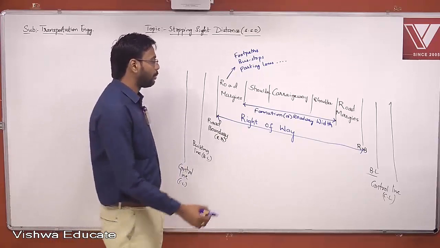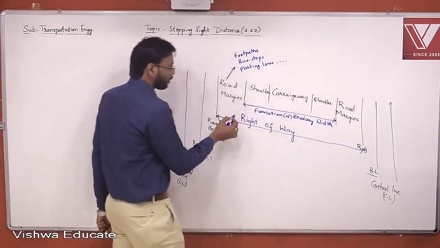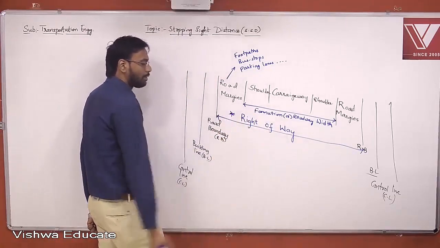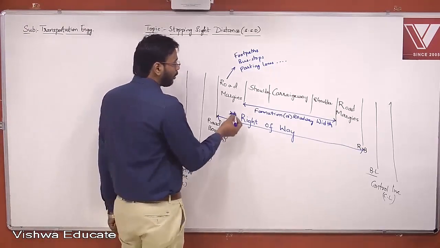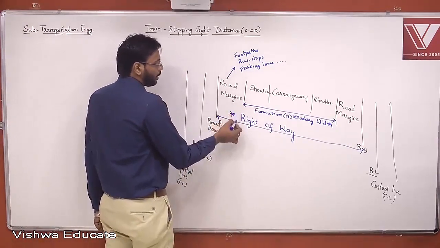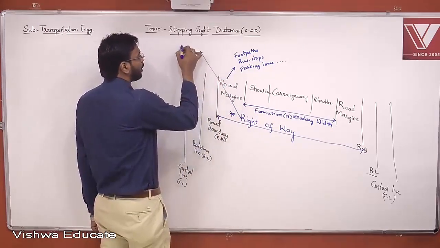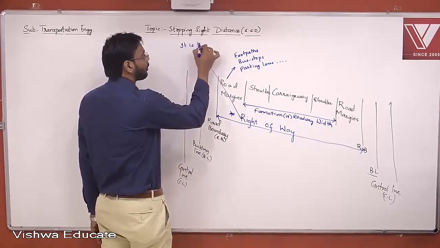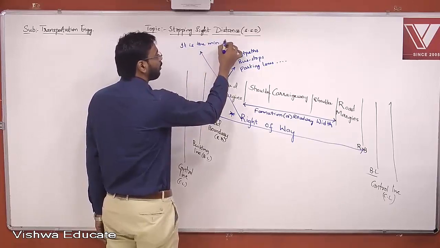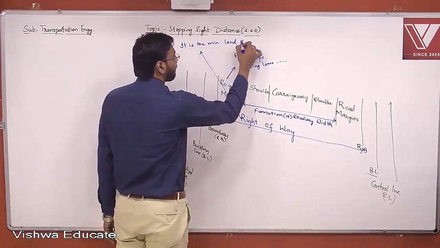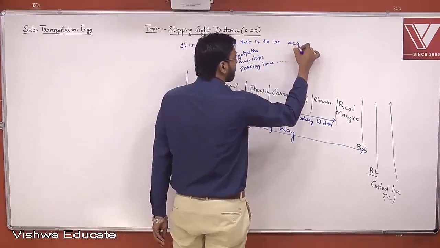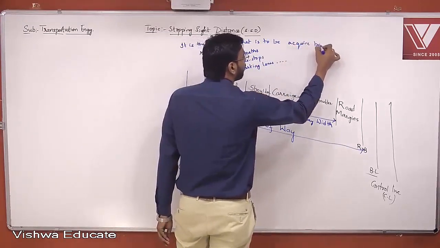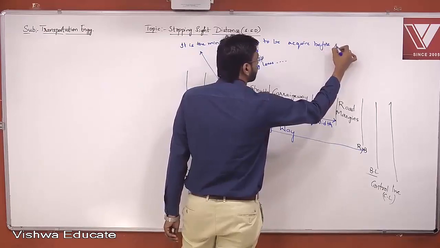Now this is an important 1 mark bit. They have asked it one time. What is right of way? Right of way is the minimum land that is to be acquired before starting any road construction.